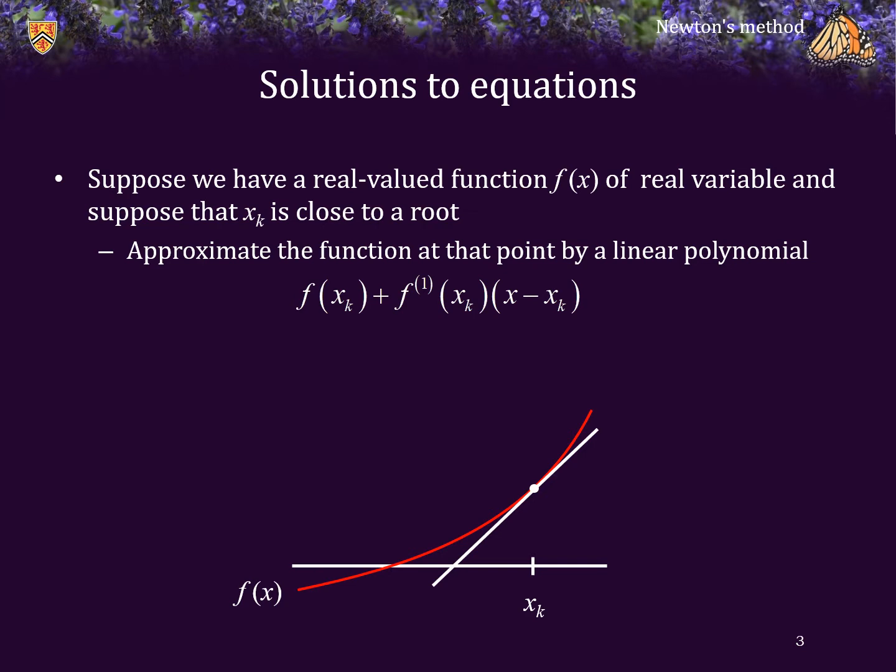Well, wouldn't the root of that linear polynomial be a better approximation of the root of the original function f of x as opposed to the original approximation x sub k? In all likelihood, yes. So we will designate this next point x sub k plus 1. That will be our next better approximation of the root. And then we can iterate.